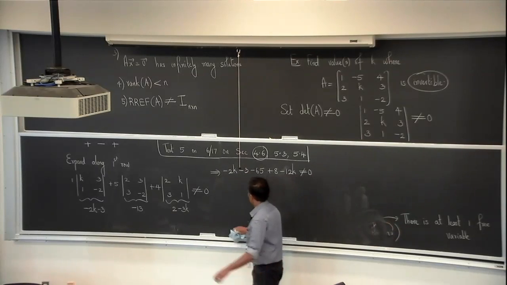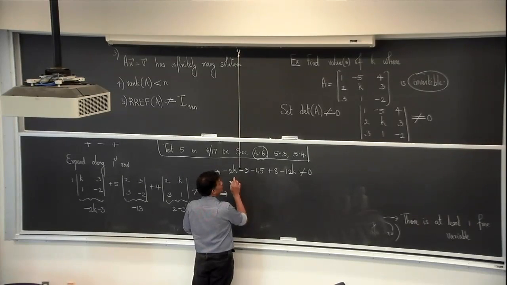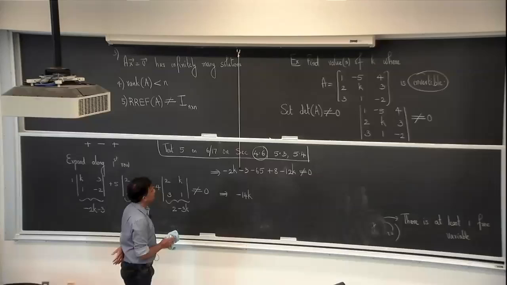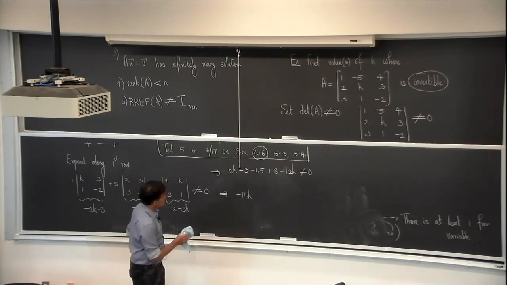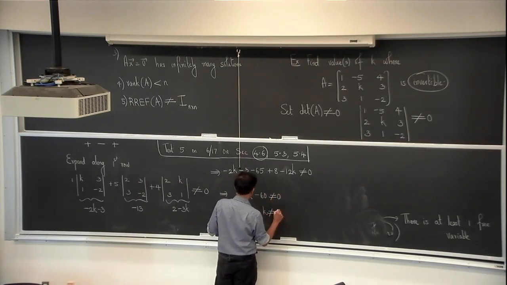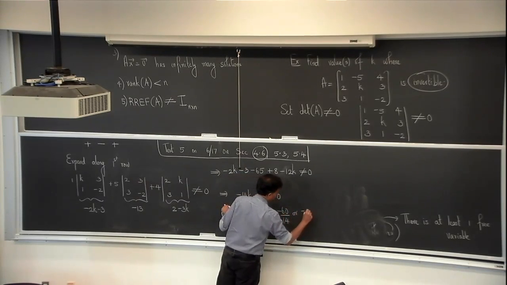All right, just finish off this inequality. So this is 2k, this -14k, minus 60, not equal to 0, or k not equal to -60 over 14, or -30 over 7.